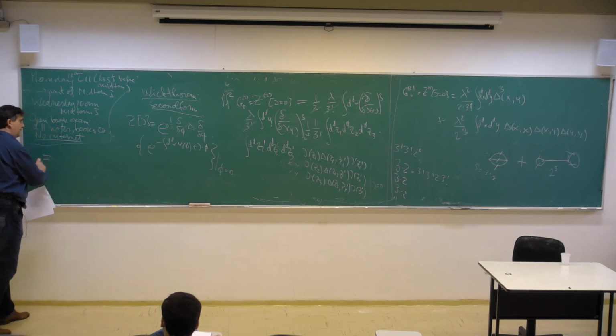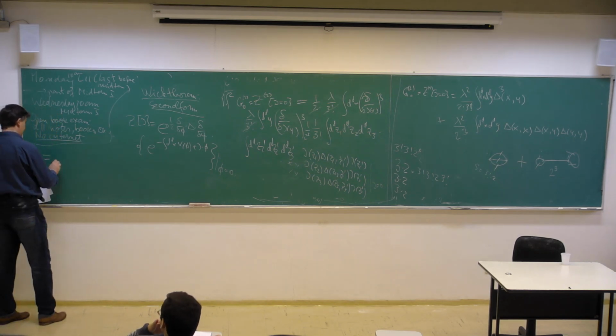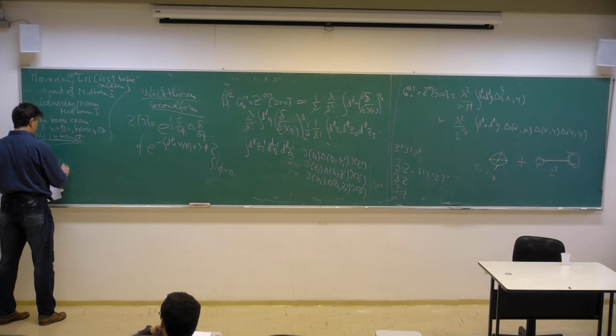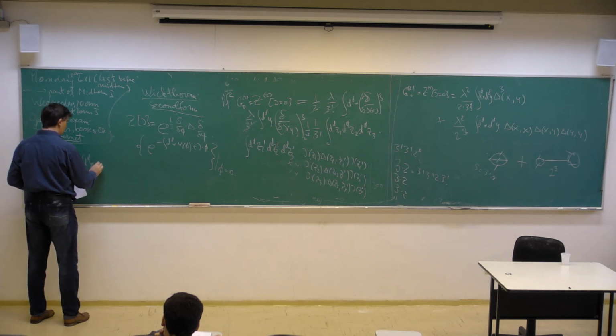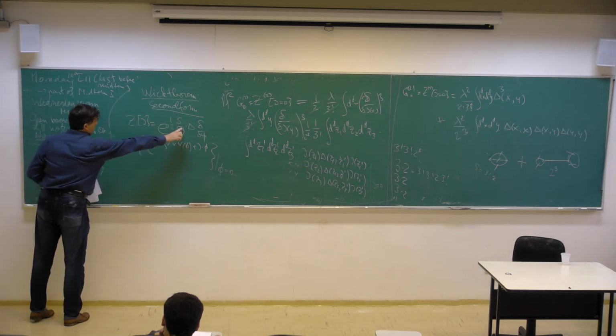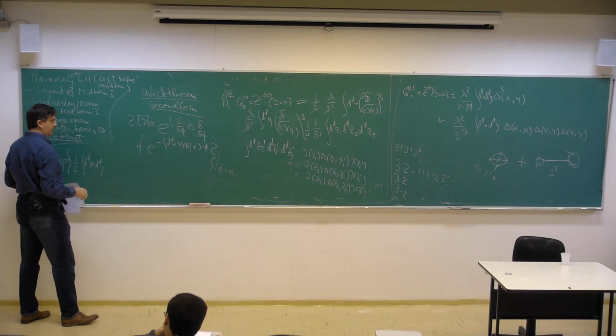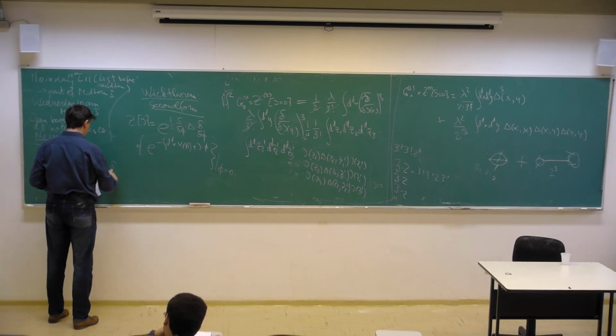So to write this more explicitly so that there's no confusion of what it means: the dot product here, remember, means integrals over the arguments. So dd phi of x.